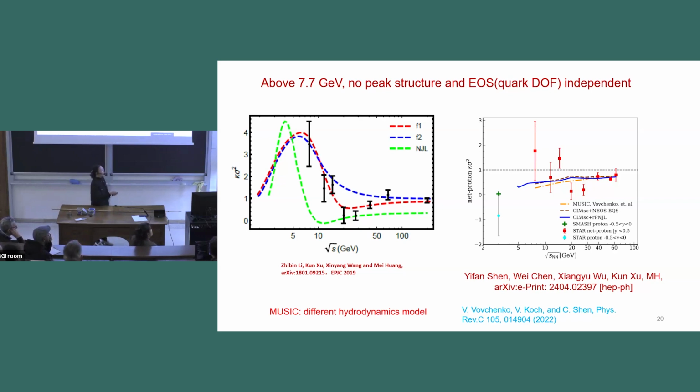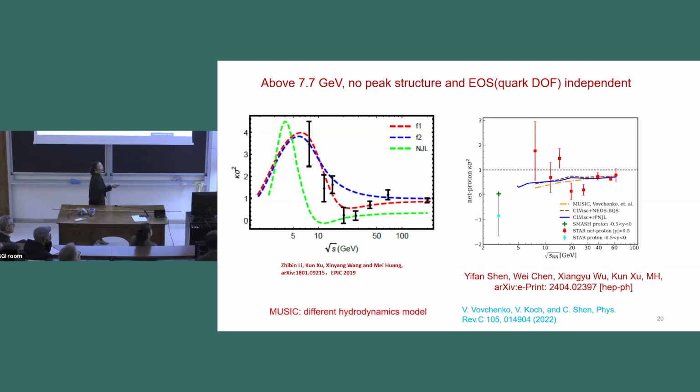But you see that for both cases, the net proton number fluctuations monotonically decrease when the collision energy decreases. Also, this line is from MUSIC by another group.